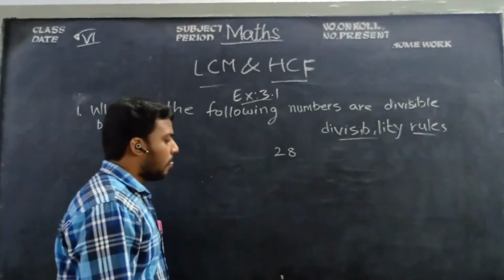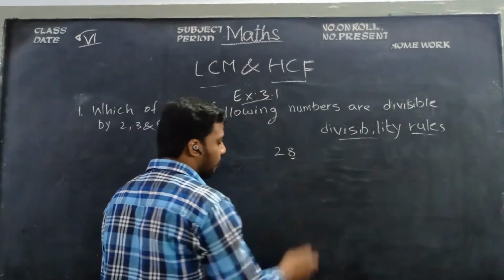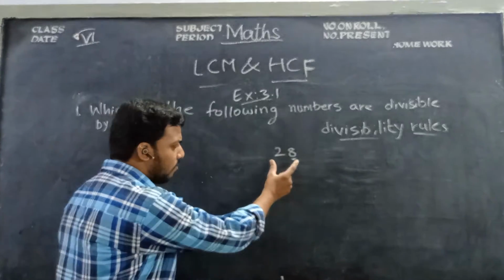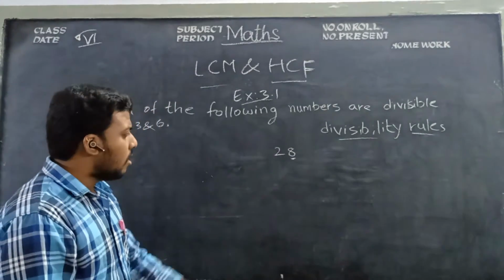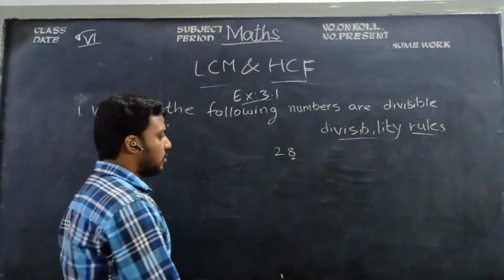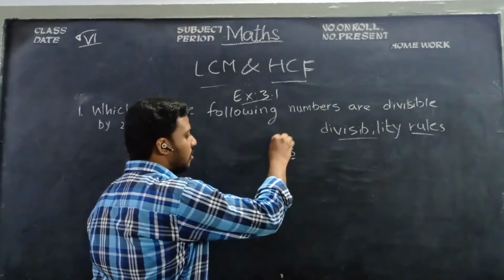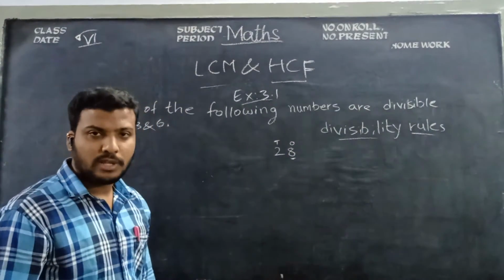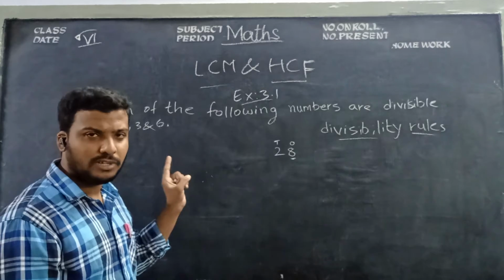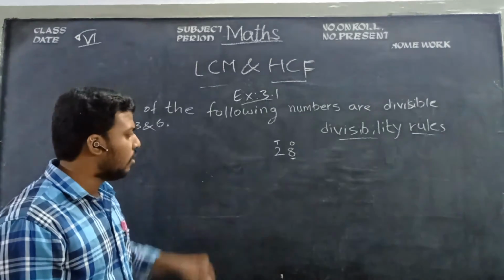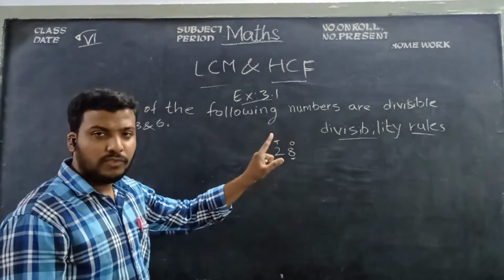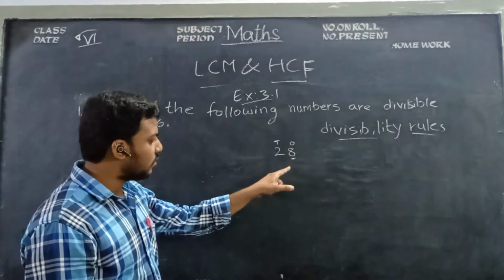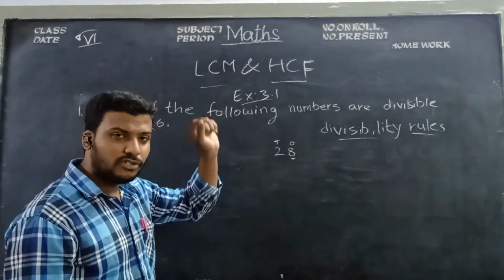So children, if any of the digits, here it is a 2-digit number 28, ones place and tens place, you know that Indian place value system, you know that. Ones, tens, hundreds, thousands, 10,000, lakhs, 10 lakhs, crores. So any of the digits at the right side starts with the ones place.